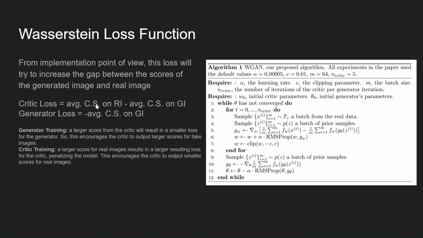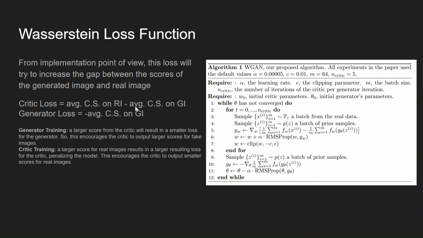The critic will try its best to output a smaller value for the real image, and a big value for the generated image, because only then will our loss be small. That's why this Wasserstein loss function, when we implement it in the GAN context, will try to increase the gap between the scores of the generated image and the real image. I hope you have understood this point.